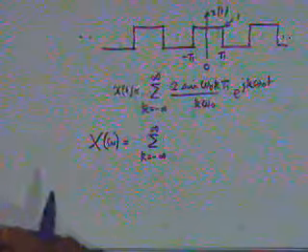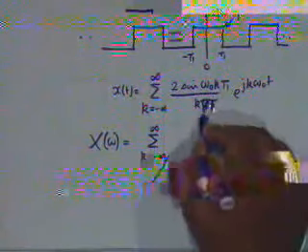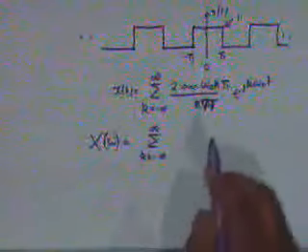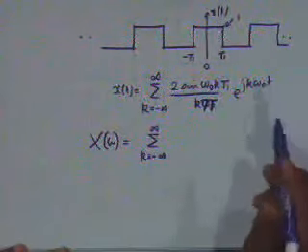Oh no, I made a mistake. This would be k pi. a_k is 2 sine of k omega 0 T1 divided by k pi? Or maybe the factor 2 is not there. a_k for a periodic pulse like this was sine of k omega 0 T1 divided by k pi. I think this was the correct expression. The factor 2 came because we wanted to bring omega 0 in the denominator.